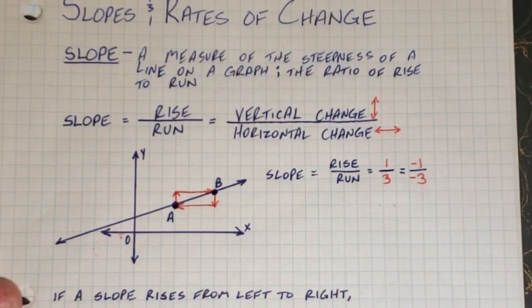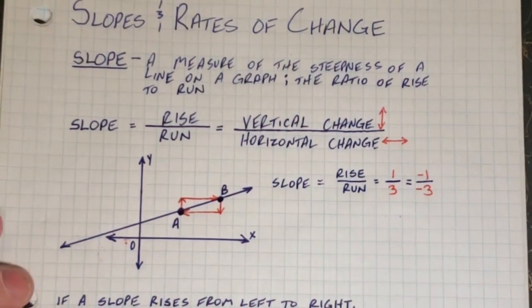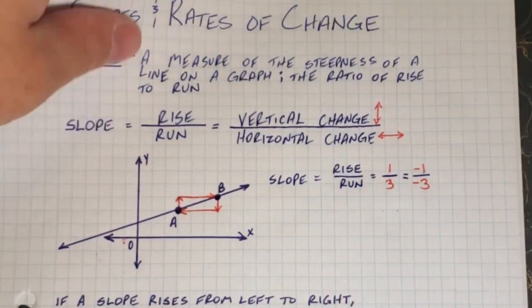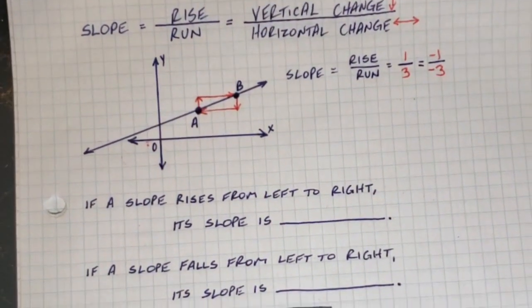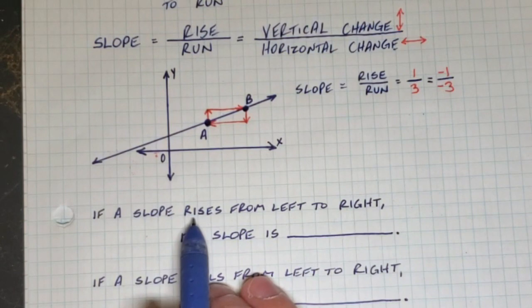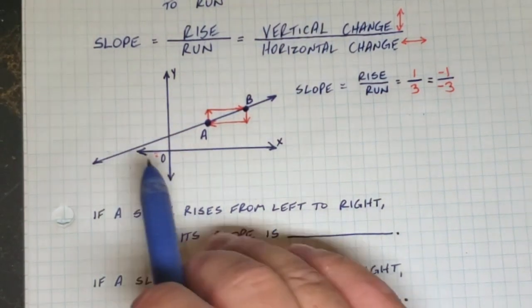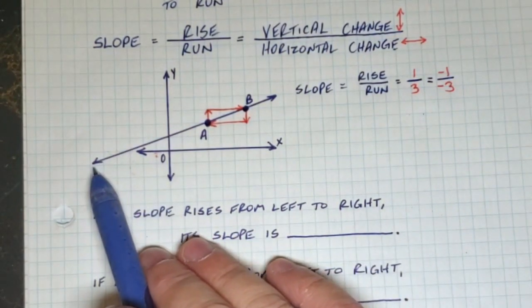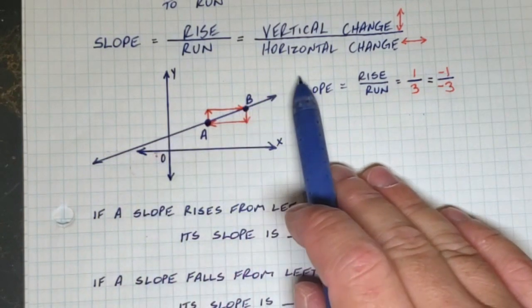All right, there's a little bit of a hint visually as to whether or not the answer is positive or negative. If a line rises from left to right, like this one does, all right, we're going up as we move left to right.